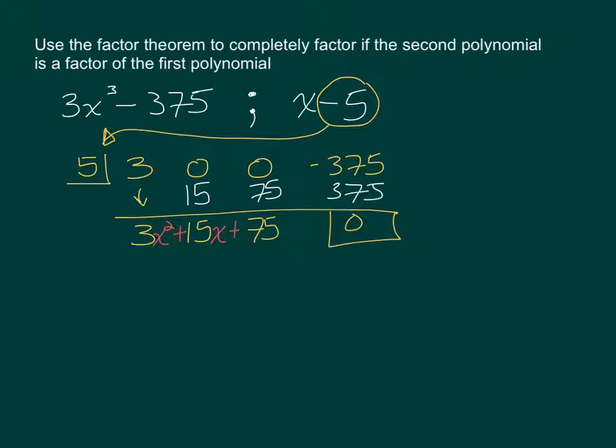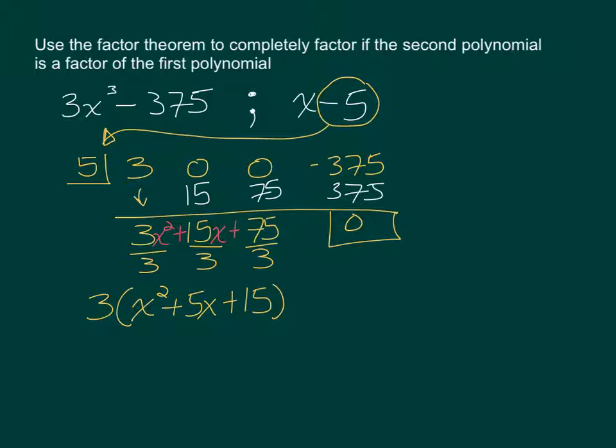It looks like we can divide all of them by 3. So we have a common factor here, this 3. And what we have left on the inside is an x squared plus a 5x plus 25.